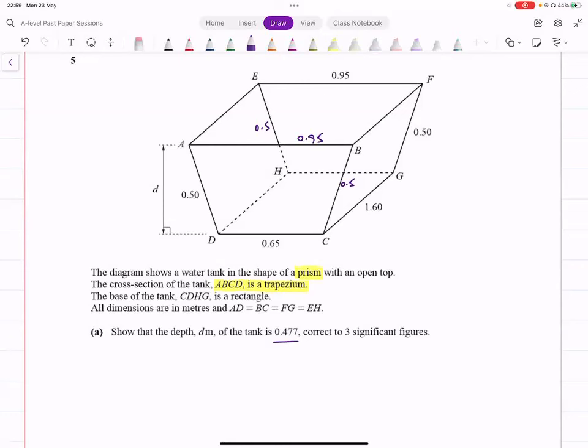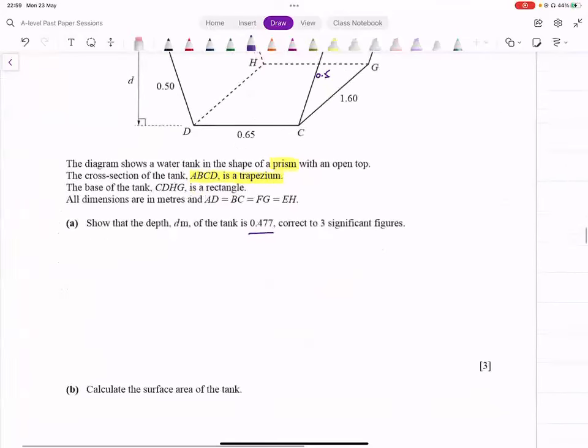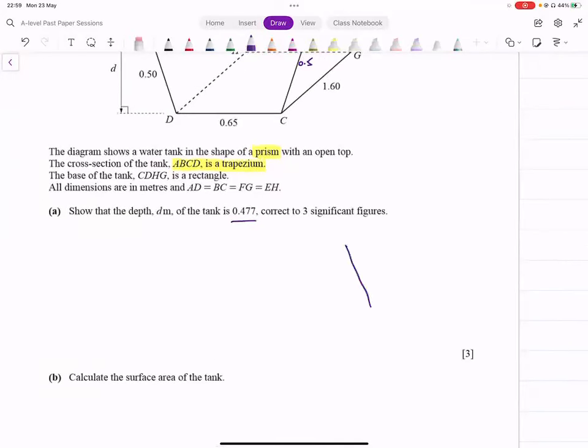That's 0.95. This is 0.65. The sides are equal. Okay. So there's basically symmetry. So agar aap dekhein, aapke paas is tarah ka trapezium hai. Let me actually just draw that on the side here. It's going to be easier to think about. So we have a trapezium that looks something like this.